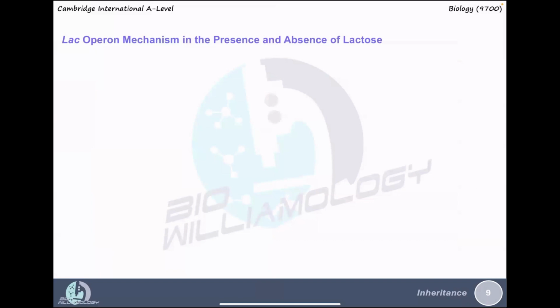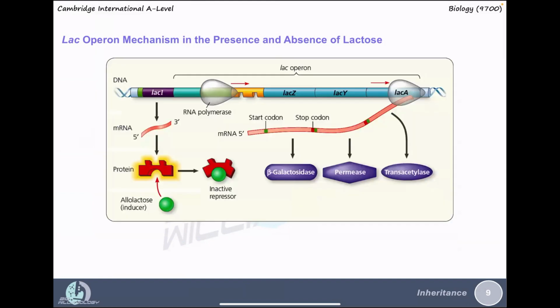So let us look at the lac operon's mechanism in the presence and absence of lactose. Looking at this diagram, just now we have learned about how the repressor protein binds to the operator.